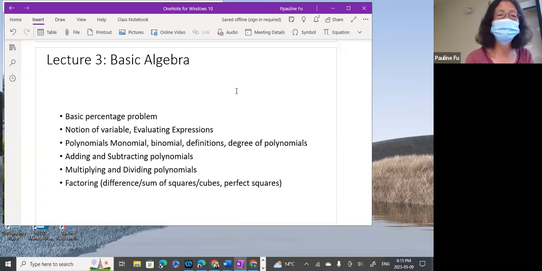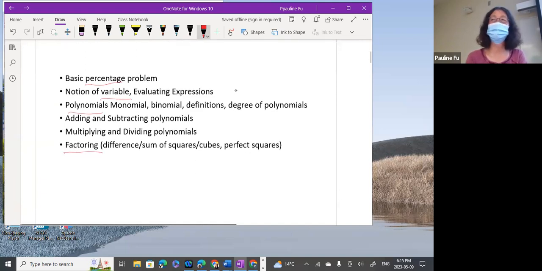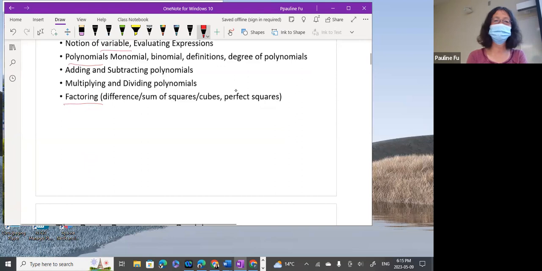Last class we did some percentage problems, and now we are going to talk about variables, polynomials, how to add, subtract, multiply, and divide polynomials. And the last item, we'll talk about factoring.